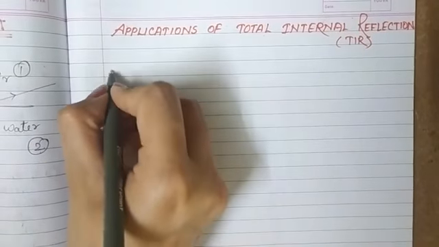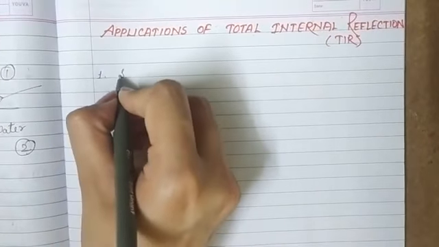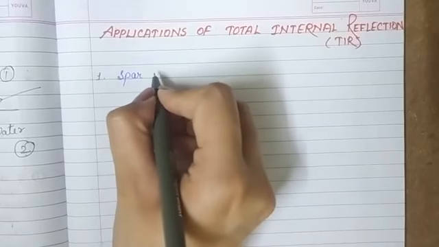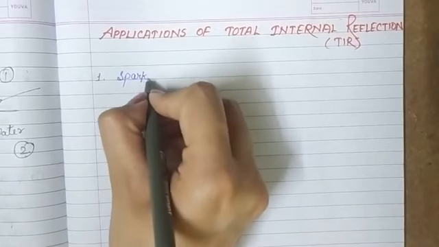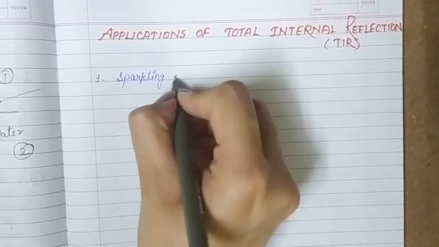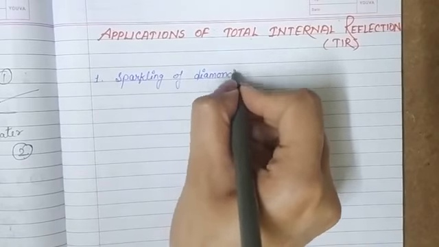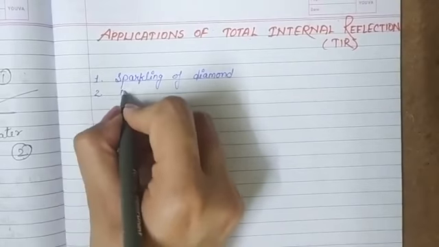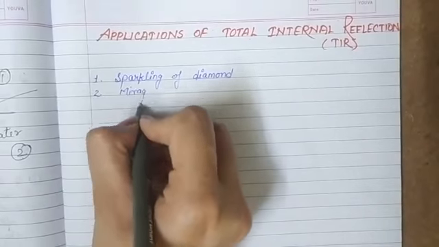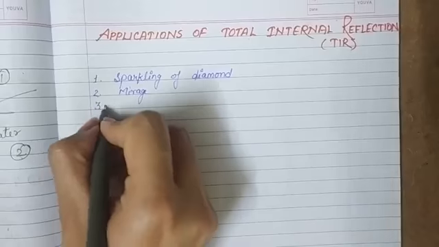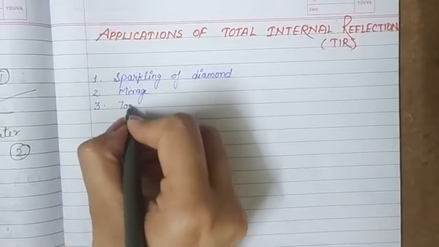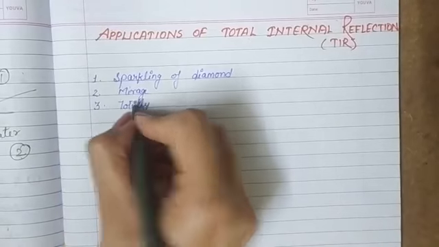First is the sparkling of diamond, which is because of the phenomenon of TIR. Second, we have mirage formation. Third is the totally reflecting prism.